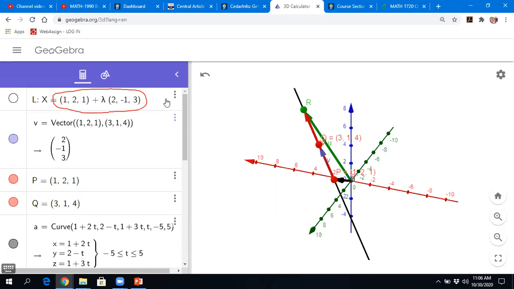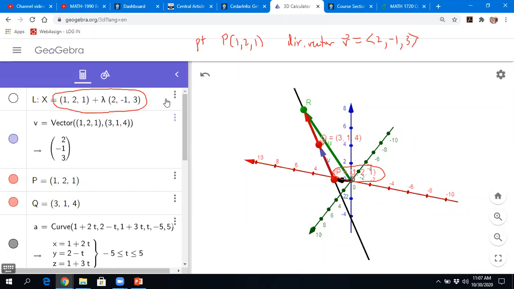So basically what I have here is a point P, which is 1, 2, 1, which is sitting right here in the picture, by the way. And then I have a direction vector V, which is 2, -1, 3.